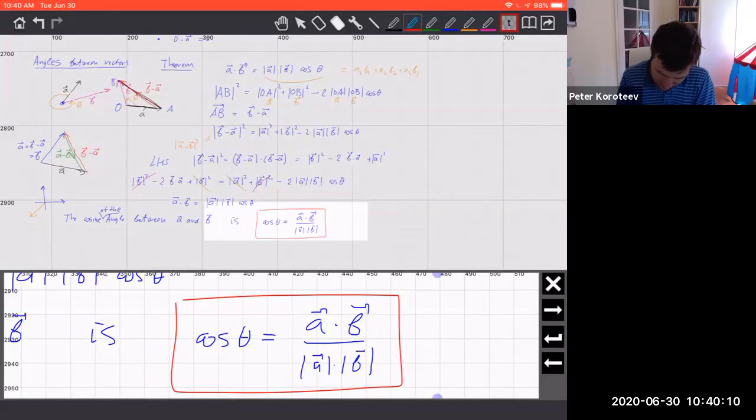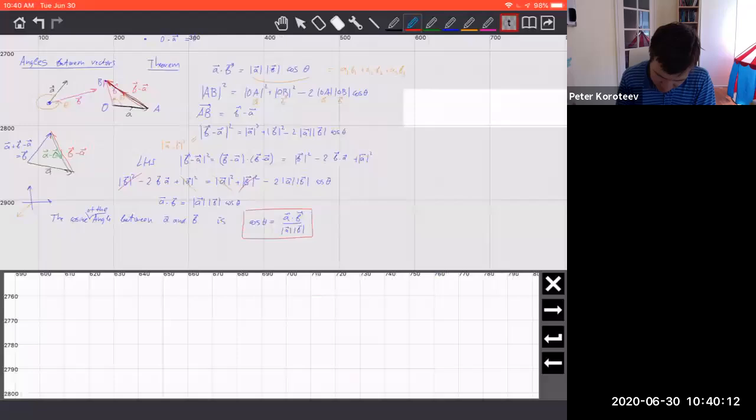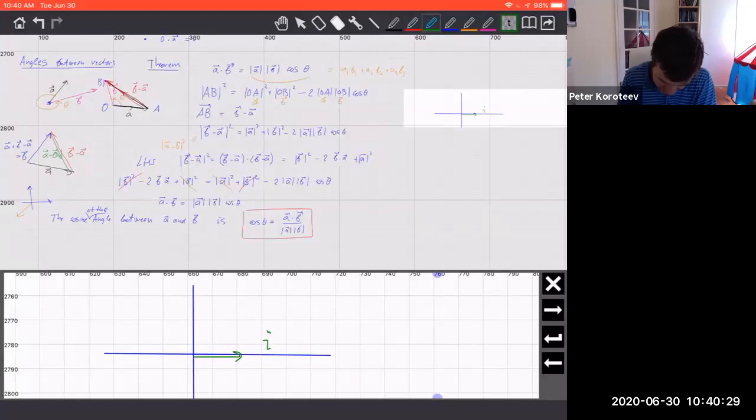Okay, let's look at a couple of examples, right? Before, the intuitive one. Let me first give you the two-dimensional example, right?